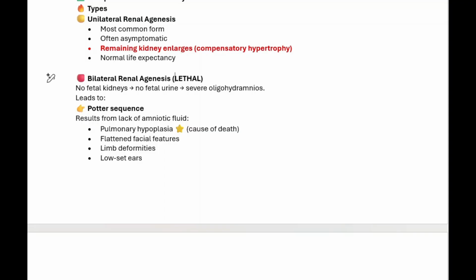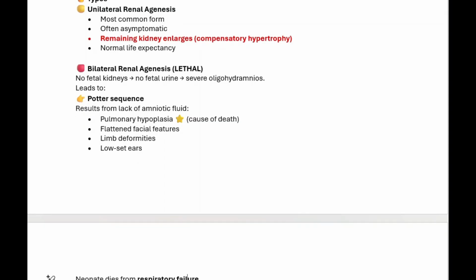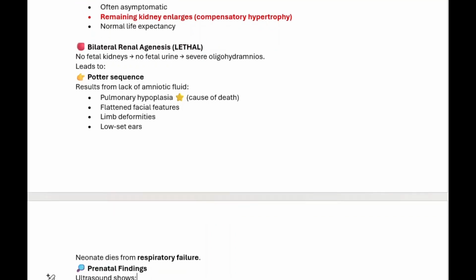And as we know, in utero, the urine of the fetus is actually part of the amniotic fluid, because normally the fetus swallows the amniotic fluid into the lungs, and that allows their lungs to develop, and that also maintains the high resistance in the lungs.